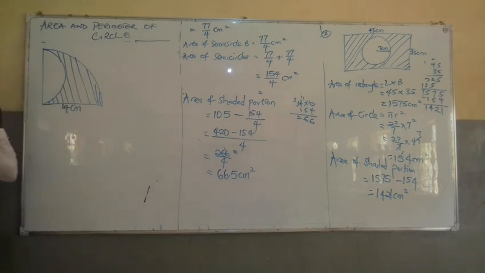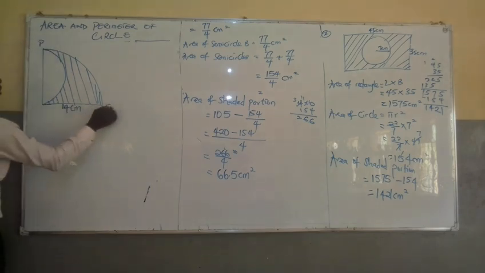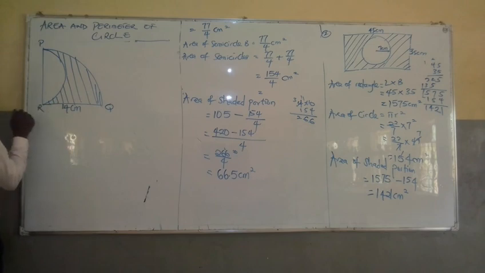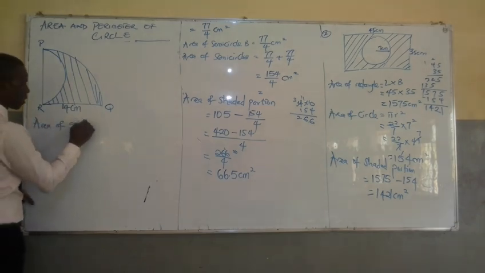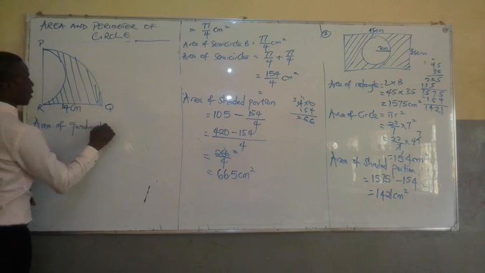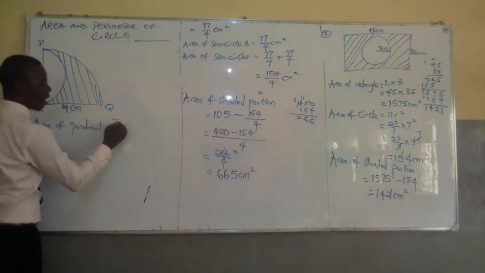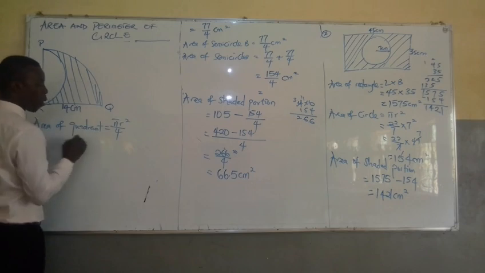So I'm going to call this, maybe I should call it P, Q, R. Alright, so I'm going to find first the area of the quadrant. That is pi r squared divided by 4.